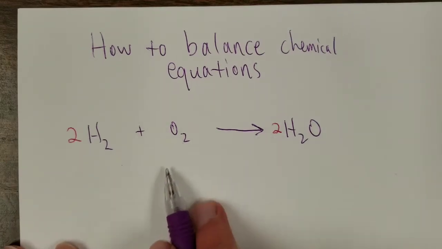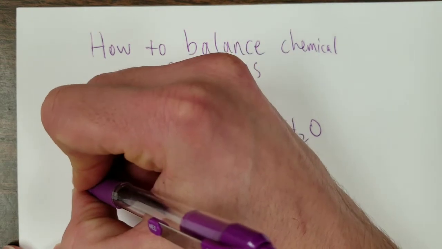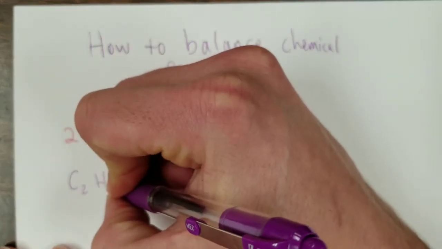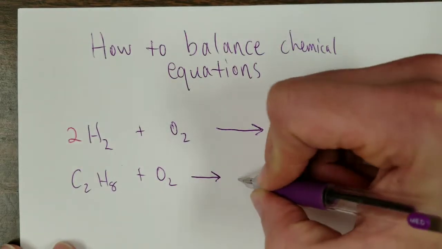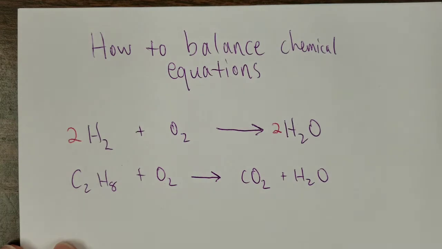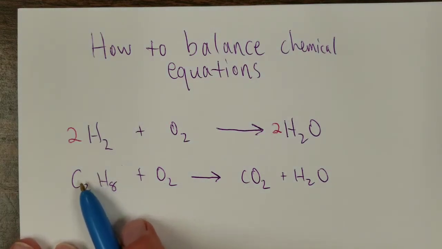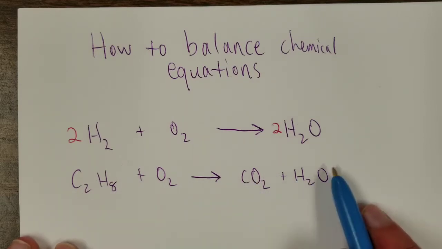Since we got one kind of like this, let's look at another one. C2H8 plus O2 reacts to make CO2 plus H2O. We do likewise. We just go through these different elements to make sure you have the correct numbers of each.